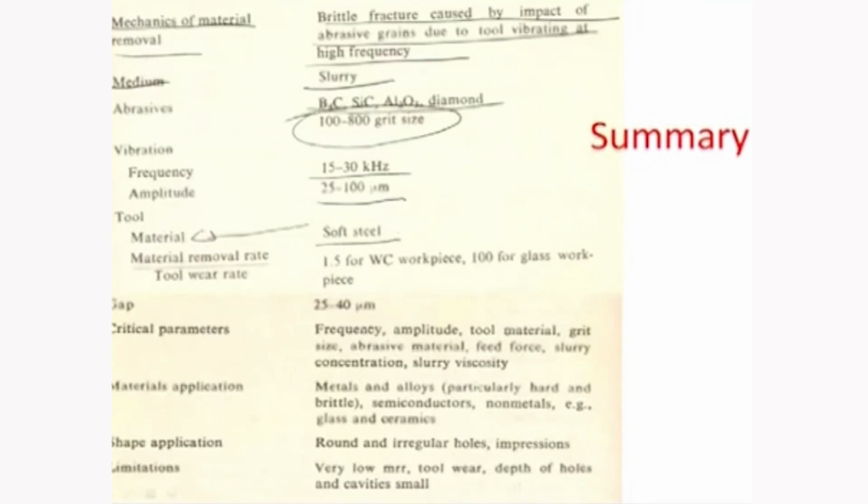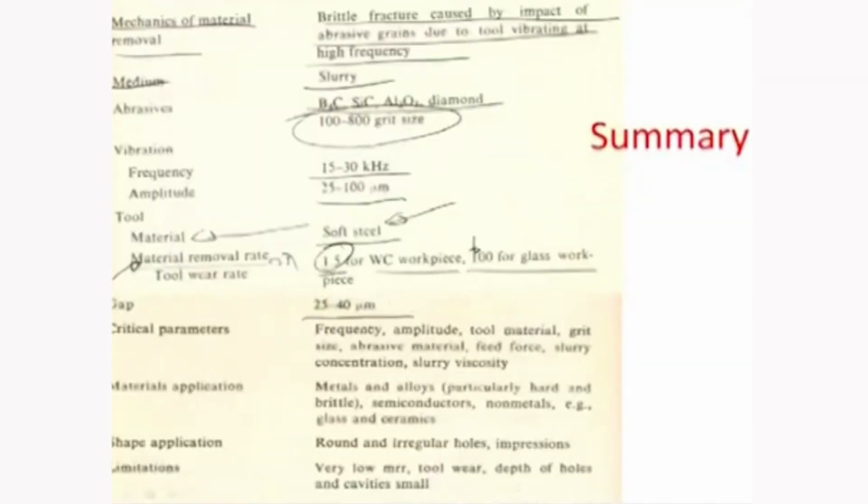And the material removal rate to the tool wear rate, particularly for let us say a tungsten carbide workpiece, if you are using soft steel as a tool material, this is the lambda, the ratio. So that comes out to be about 1.5, and if the material is brittle, it goes as high as 100, which means that the more brittle the material is, the better it is for both the AJM as well as the USM process.